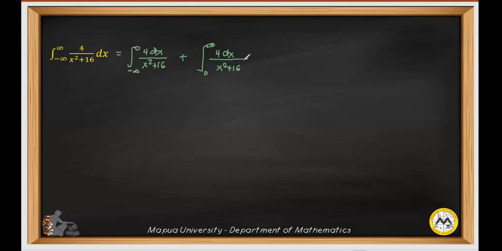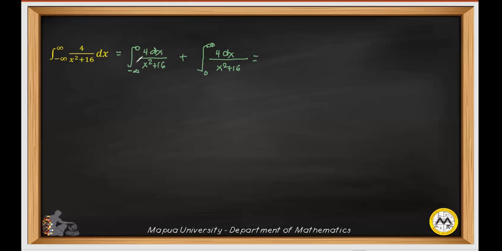That is applying the property of definite integrals, that if we have the integral from a to b, we can express it as a sum of integrals, from a to c plus the integral from c to b.